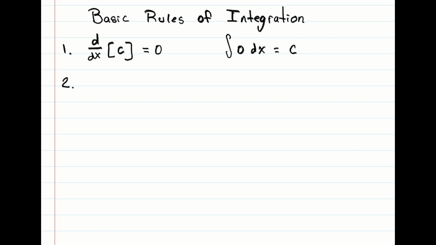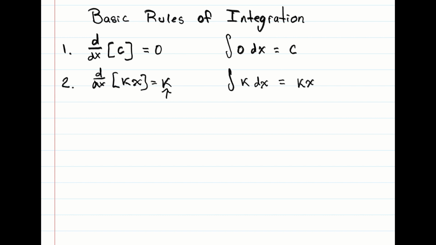Rule number 2 says that if we take the derivative with respect to x of kx, it is equal to k, where k is a number. What is the integral of such a number k with respect to x? Well, it's nothing but kx.